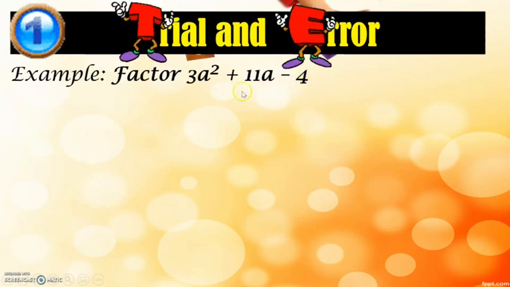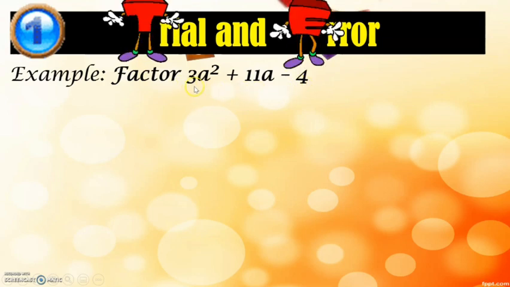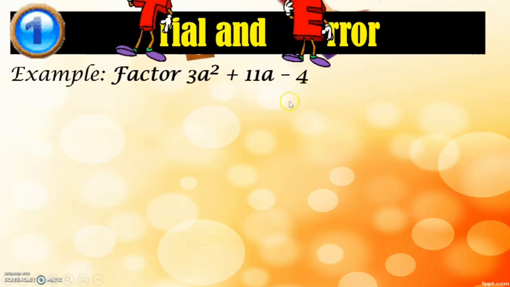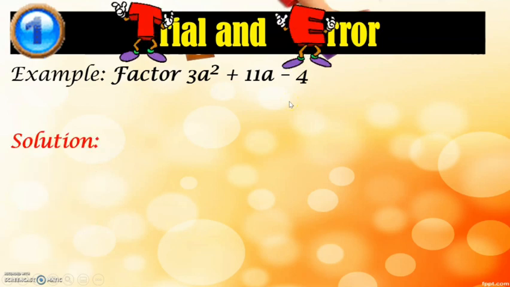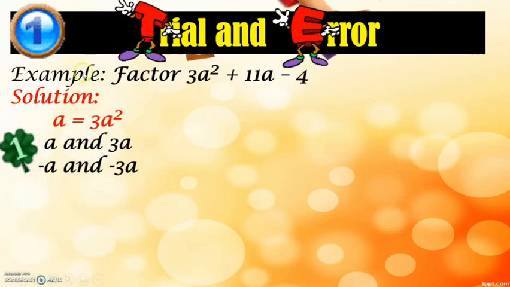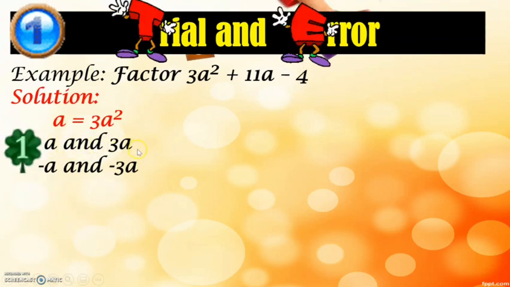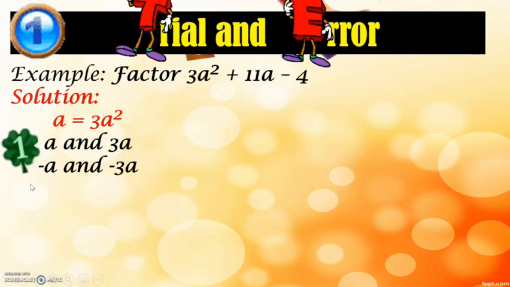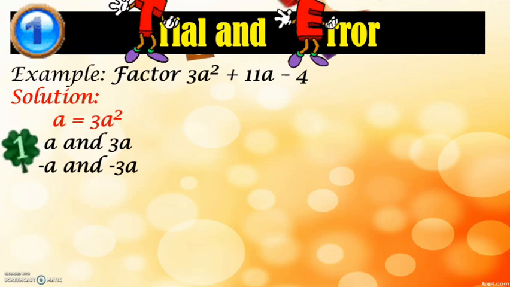So from the steps, we need to find a pair of factors for 3a squared and a pair of factors for negative 4. So step number 1, factors of 3a squared: a and 3a, negative a and negative 3a.